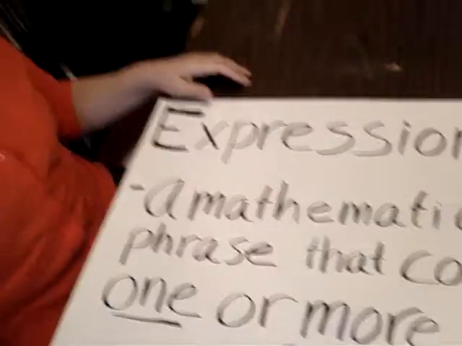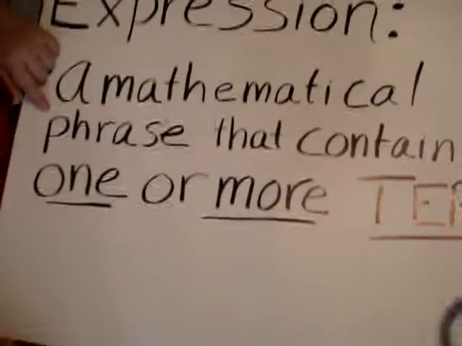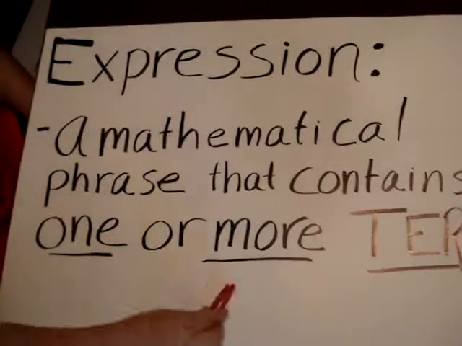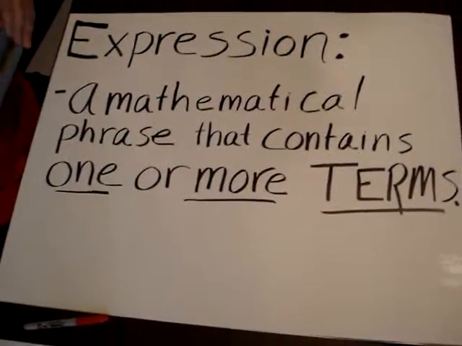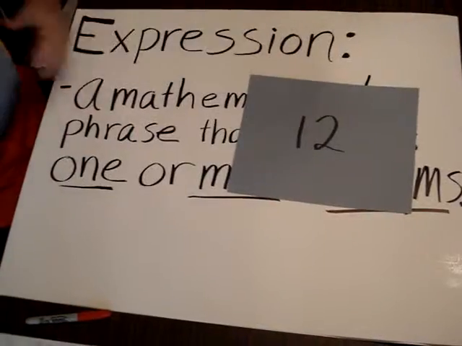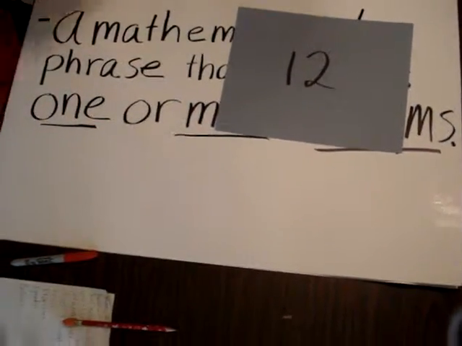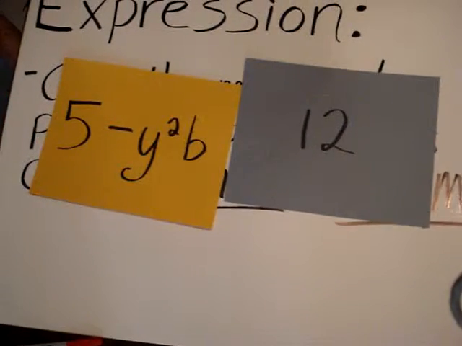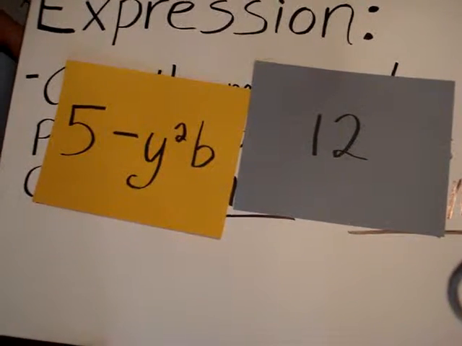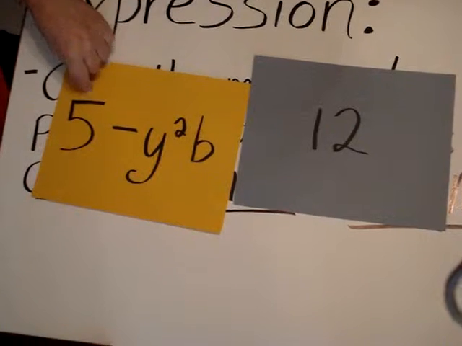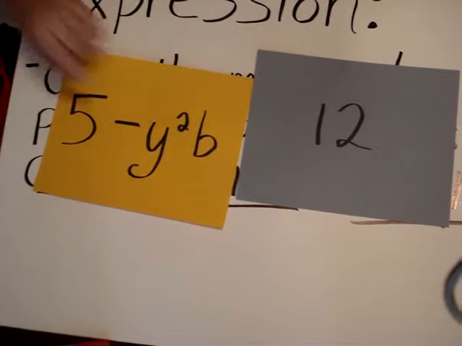This word is expression. A mathematical expression is a phrase that contains one or more terms. So, for example, this is an expression. It's a single term. It's a one-term expression. This is an expression that has 2 terms, 5 and a minus y squared b.